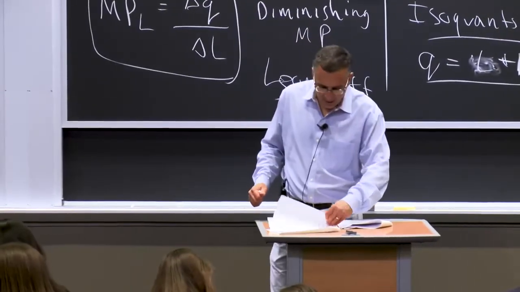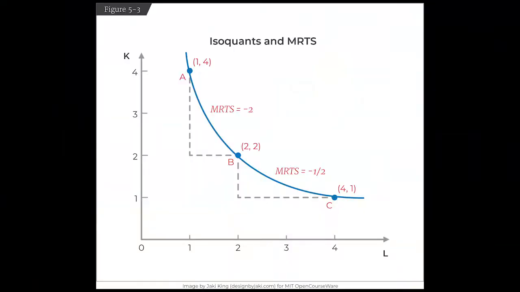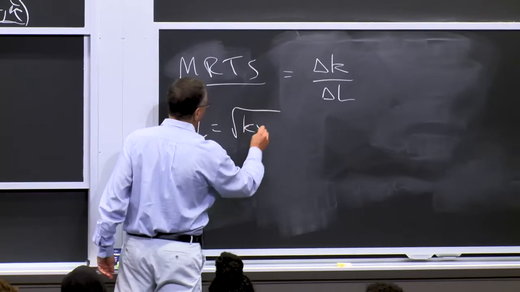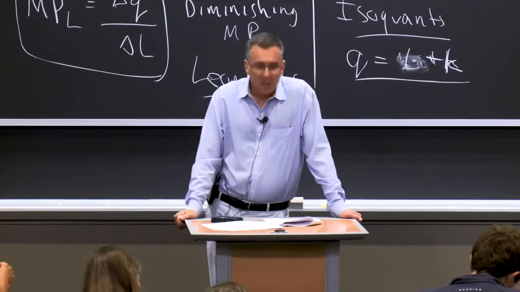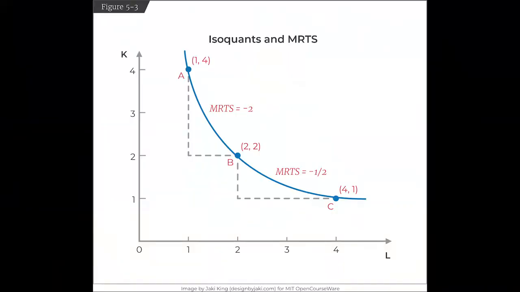So we can see that in figure 5.3. Figure 5.3 is once again drawn for our production function Q equals square root of K times L. So let's say, for example, we start with one worker and 4 machines at point A. And now we consider adding a second worker. Well, at point A, that second worker is so productive because of diminishing marginal products.